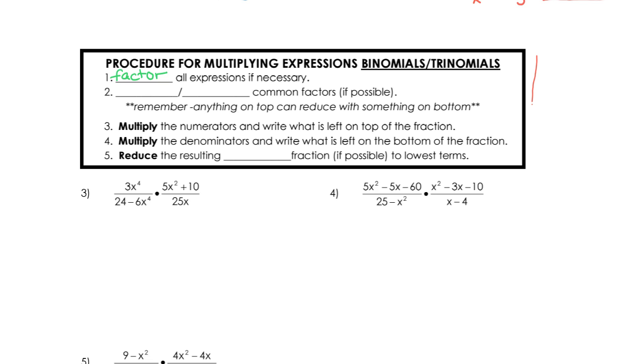We are going to go ahead and simplify or reduce common factors, not common terms. You cannot reduce common terms. They have to be factors. Remember, factors have multiplication in between them. Terms have addition or subtraction in between them. Also, remember, anything on top can reduce with something on the bottom.